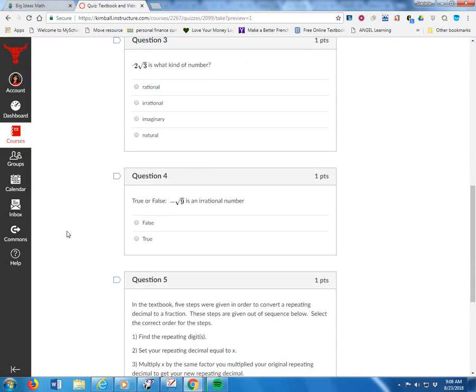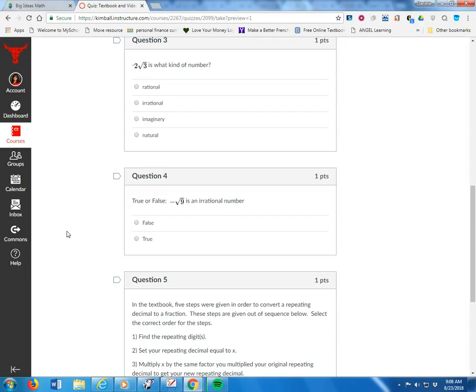Irrational, because the square root of 3 is a root that I can't simplify to a whole number. If you put the square root of 3 in your calculator, it ends, because the calculator only has so many spaces. But the square root of 3, the square root of 7, the square root of 21, the square root of any number that you can't simplify to an integer is irrational. So the fact this number has a square root of 3 in it makes it irrational.